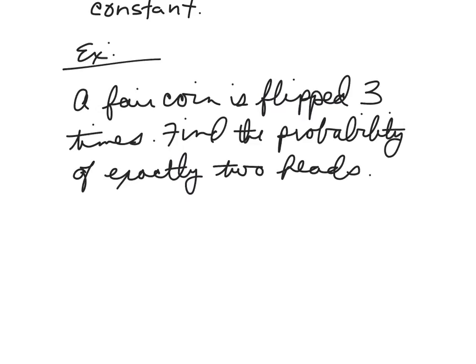So I got my quarter out. I'm going to flip, I'm going to flip, I'm going to flip. I'd like to know what the probability of getting exactly 2 heads out of those 3 flips would be. That's what I'm after.